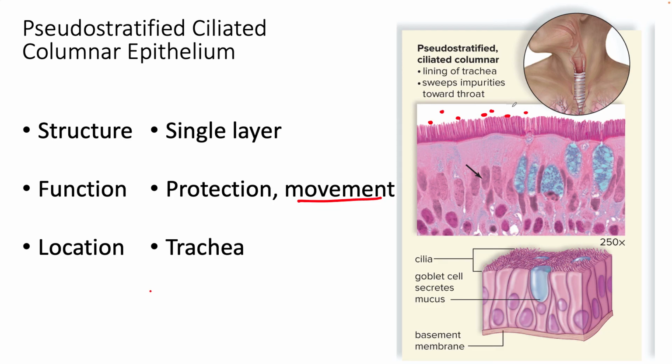And then the cilia are going to beat in one direction and push all that mucus and all of that stuff that you don't want to get into your lungs, up the trachea and out, right? So this protects your lungs because of the structure, function, and location of this tissue. And we'll talk a lot more about this when we get to the respiratory tract.